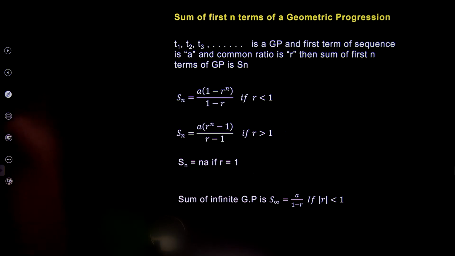The infinite GP formula is S infinite equal to A by 1 minus R. These are all sum of first n terms of GP formulas.